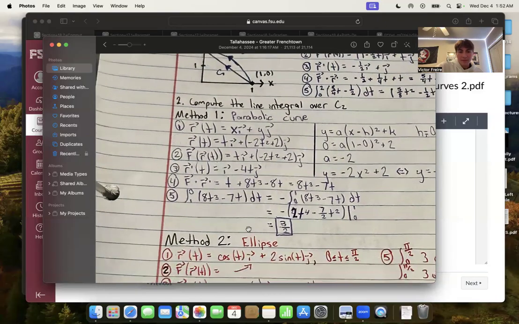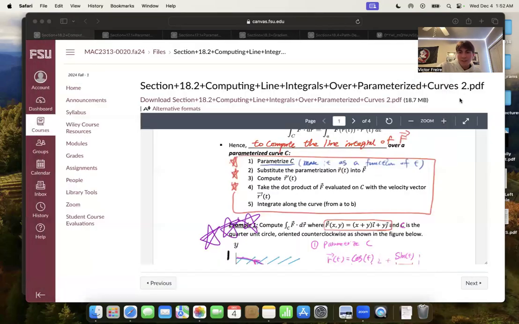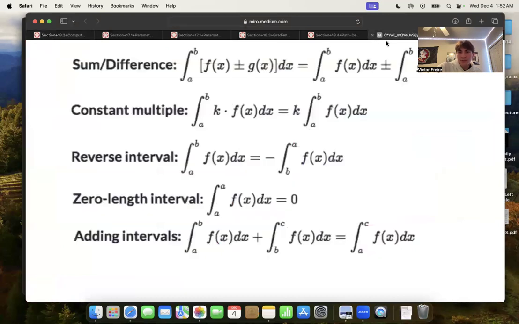However, we can't really integrate like this. So we have to use this rule right here that I actually forgot about, but it's the reverse integral rule. If you have the integral of f(x) dx from a to b, that's also equal to the negative integral of f(x) dx from b to a.